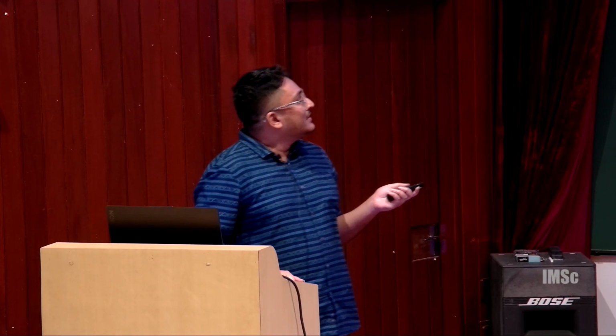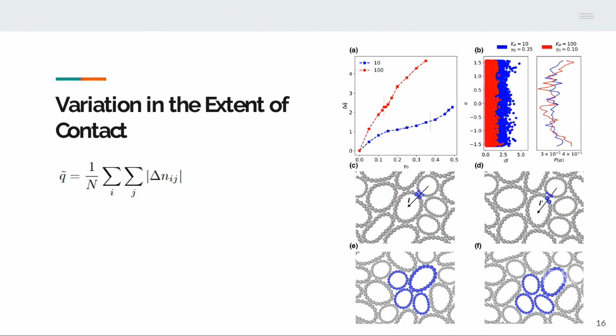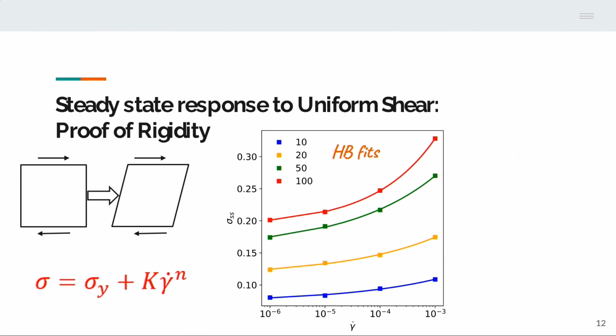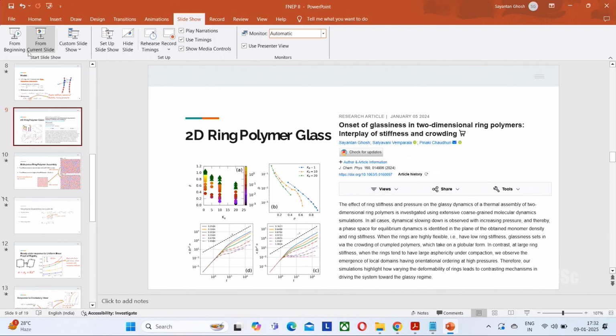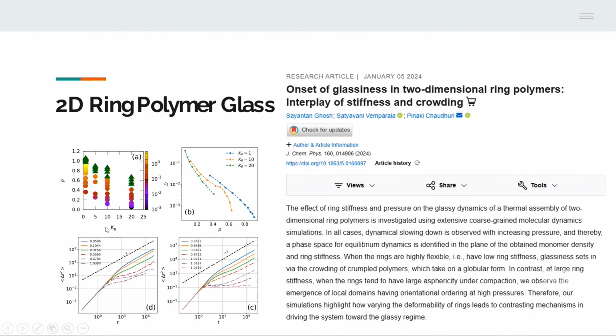So we have not checked very deeply. In this previous work, we see in the glassy regime, or near the glassy regime, for high values of k theta, which means more aspherical shape, kind of this nematic order.